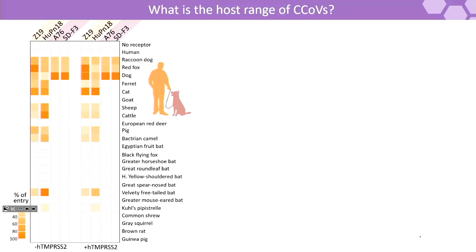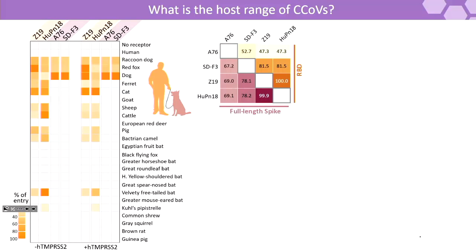And you can already see by this that the host range of these viruses is quite different. We then compared the similarity of the RBD and the spike, and I decided to focus on the two most similar generalist and specialist. For the specialist, we took SDF3, and for the generalist, UPN18.